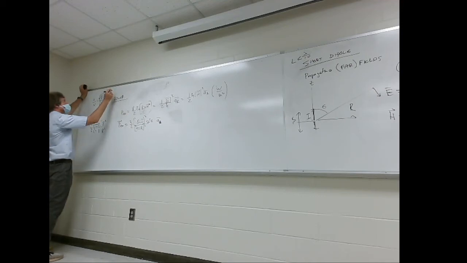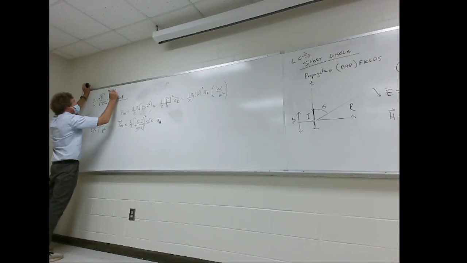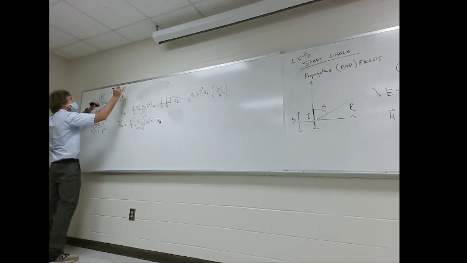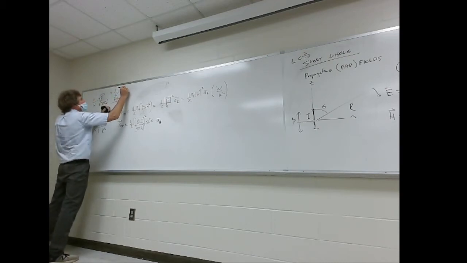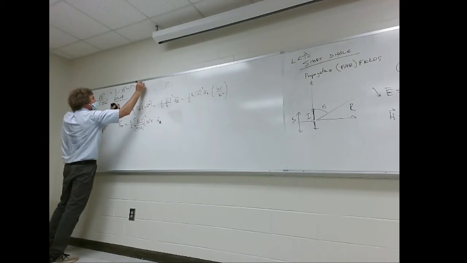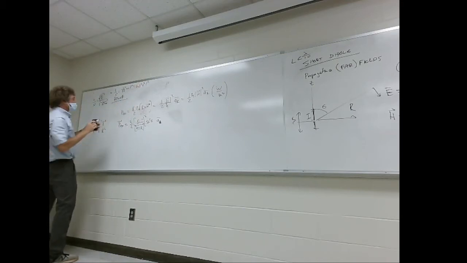Maybe this isn't really worth the time doing it, but I'm going to have eta over lambda squared here be equal to square root of mu over epsilon times mu epsilon times f squared. That still isn't going to get me where I want.